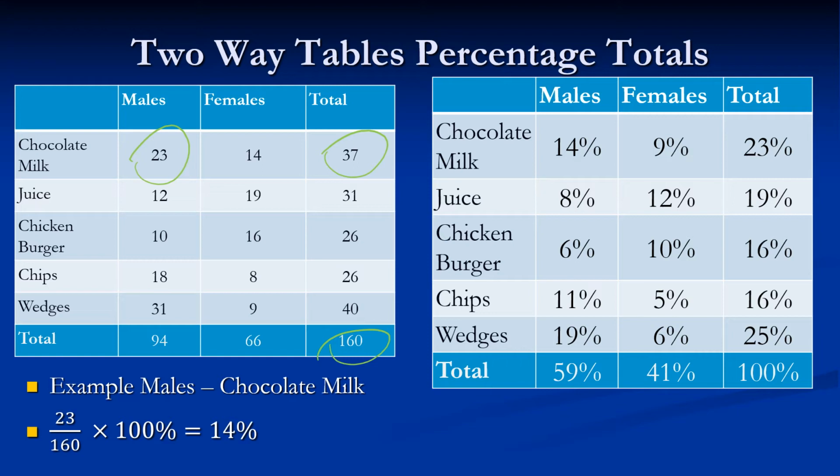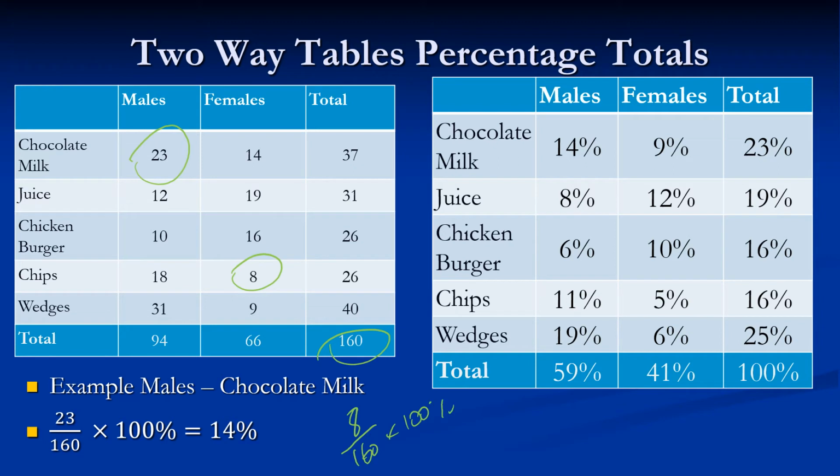If we want to do another one, let's just say 8 out of 160 then. So females that prefer chips as their favourite, all you do is you go 8 over the total 160 times 100%, and then you can work that out.